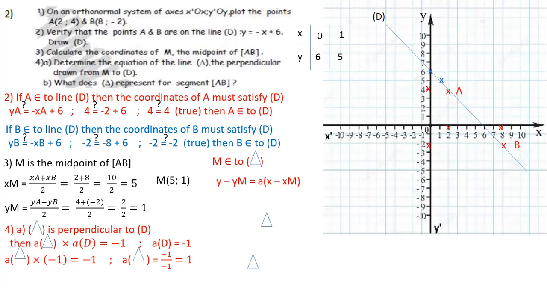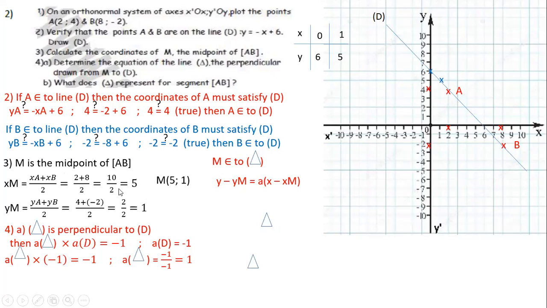Now we need to replace. In place of ym we put this y, in place of the slope we put 1, in place of xm we put the abscissa of M. Did you notice something? If you had a mistake in calculation here, you will have the same mistake.